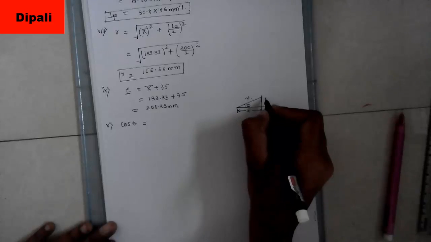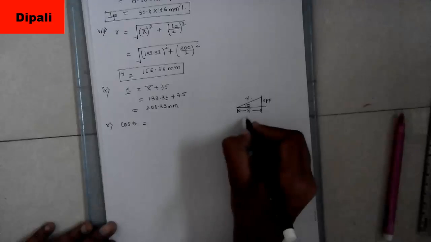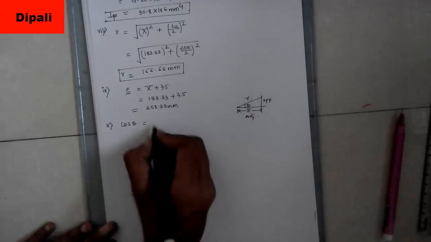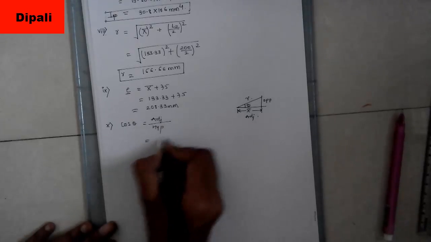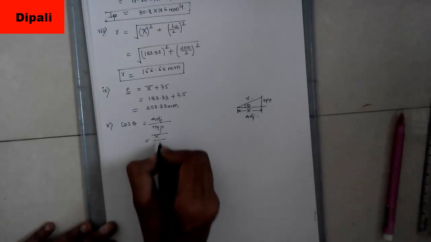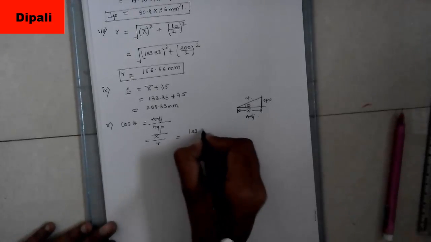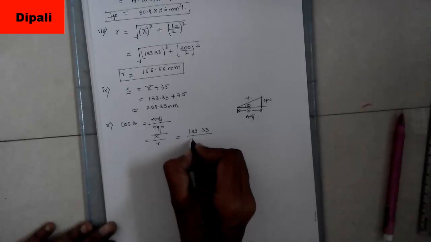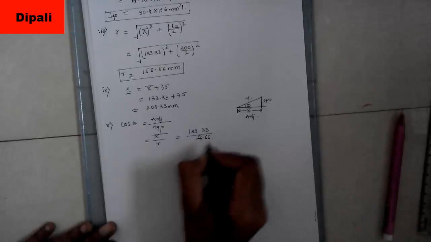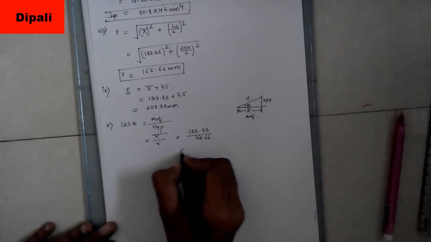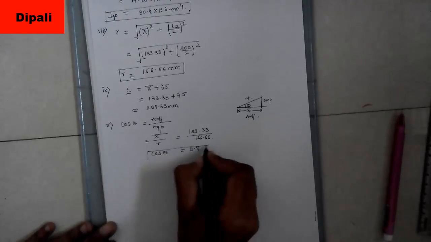This is the opposite side and this is the adjacent side. The cos theta equals to adjacent side upon hypotenuse. So adjacent side is x bar upon r. We know the value of x bar, 133.33 upon r equals to 166.66. Okay, we get cos theta equals to 0.8.